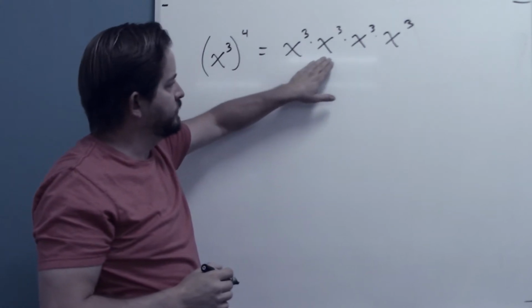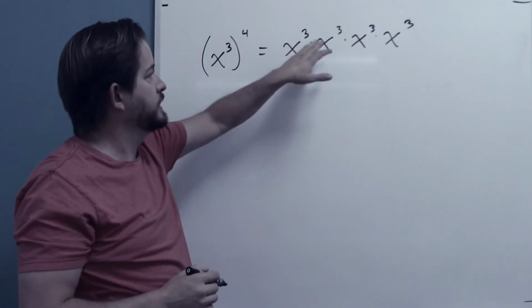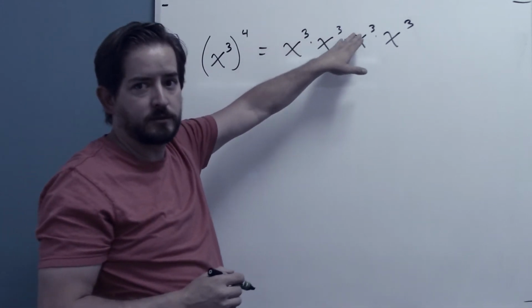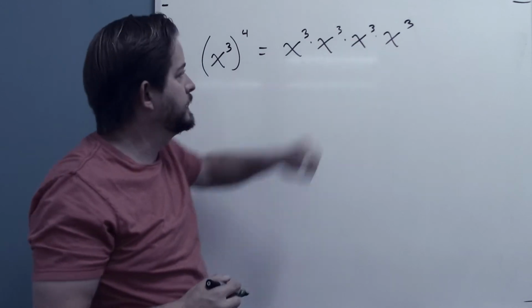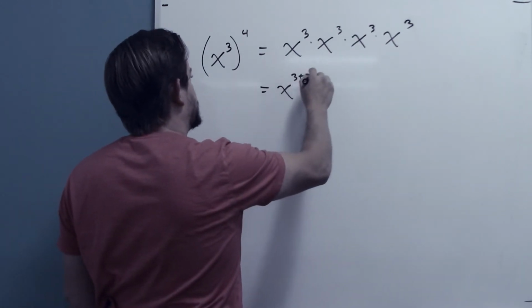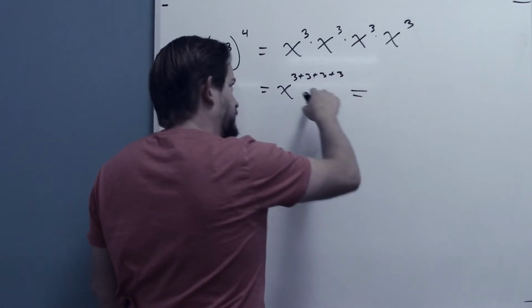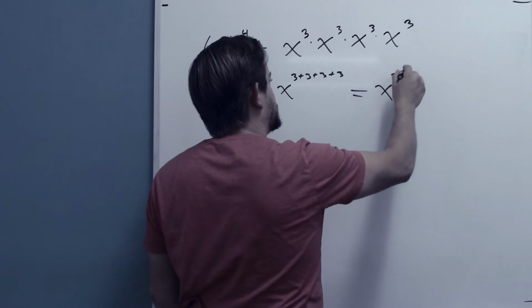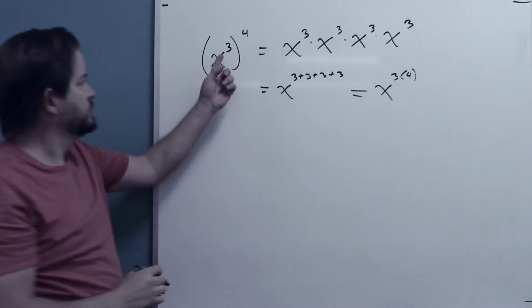But each one of these follows that last rule. X to the third times x to the third is x to the 3 plus 3, which is 6, but then plus 3 more, and then plus 3 more, right? So I'm really just adding these. It's just x to the 3 plus 3 plus 3 plus 3. But you'll note that x to the 3 plus 3 plus 3 plus 3 is x to the 3 times 4, which is these two numbers.